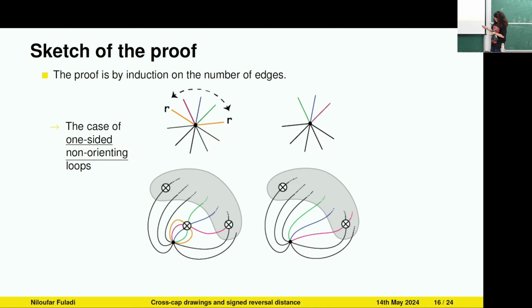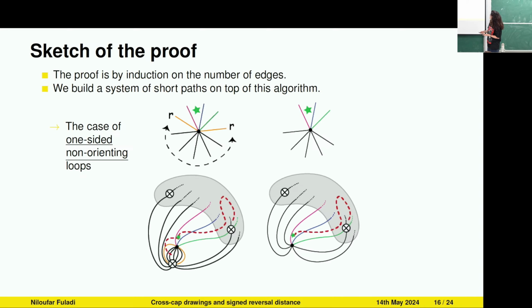Now, what I do is build a system of short paths from every cross gap that this algorithm adds to a certain point. Let's say I'm going to fix this point, and I want to make sure that all the cross gaps that this algorithm is adding are not far from this one. The algorithm has some freedom that I'm going to use. For example, when I have this R and want to remove it, I could reverse either of the two wedges.